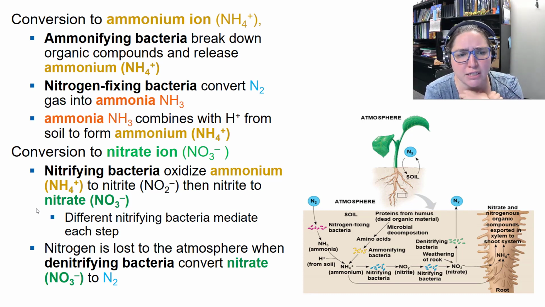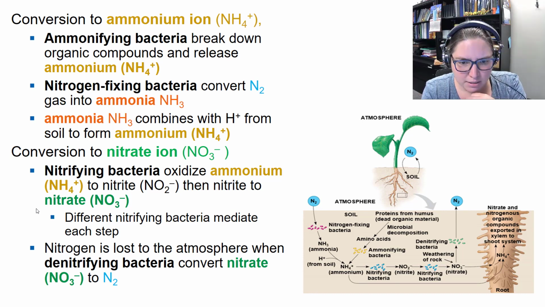There's also conversion to nitrate ion that can occur. Nitrifying bacteria can oxidize ammonium, NH4, to nitrite, NO2, and then the nitrite to nitrate, so NO2 to NO3. And there are different bacteria that mediate different steps.